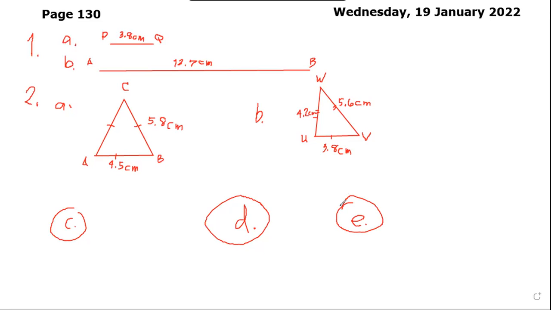For D and E, all you do is draw it again, but with the correct length of the sides. So that will be your task, these C, D, and E.